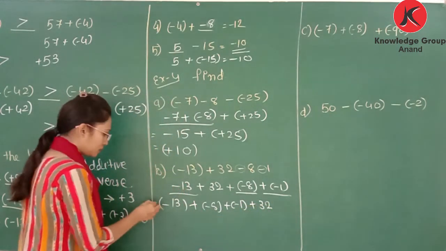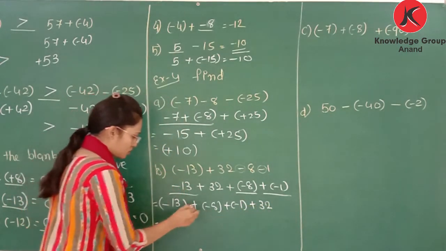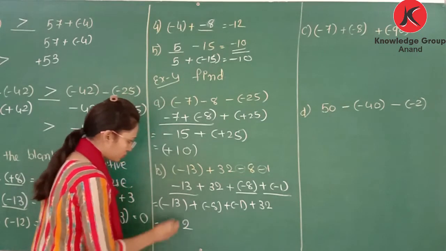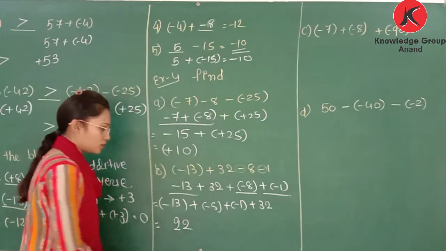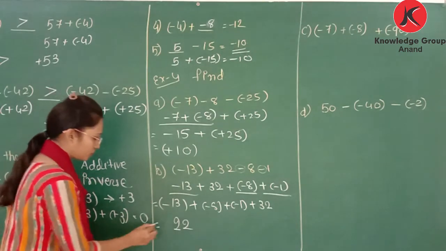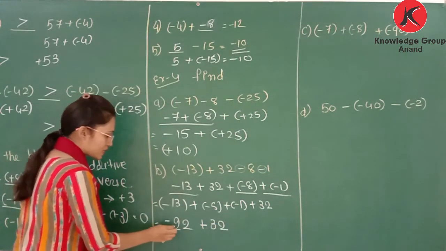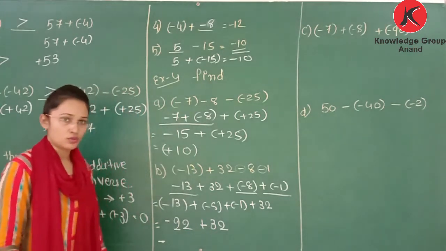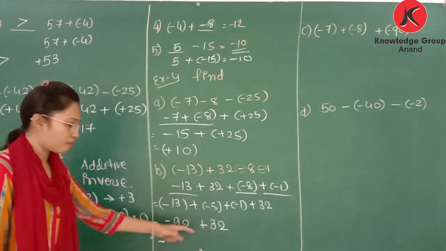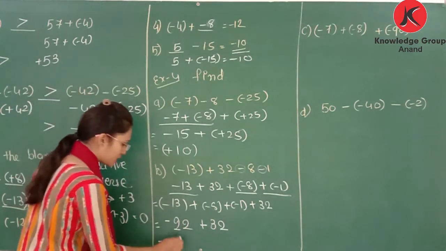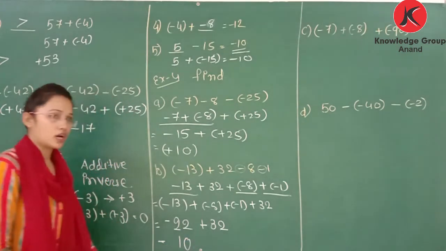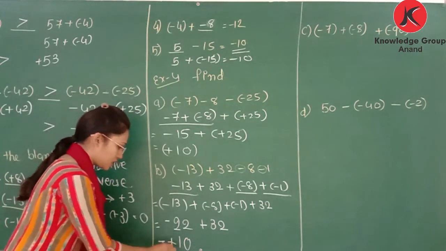Now add the numbers. So 9, 22, but negative, plus 32. Now one number is negative, one number is positive. So subtract the numbers. 32 minus 22, that is 10. Bigger number is 32, so answer is plus 10.